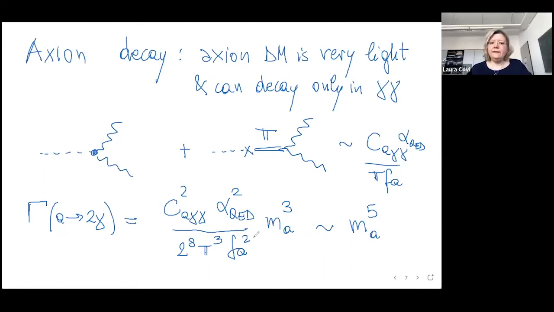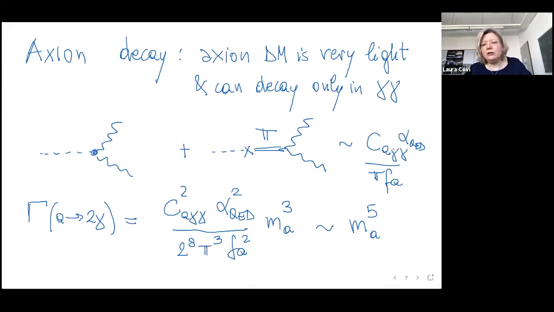Yeah, and indeed, also here, this C a gamma gamma, in some sense, as I said, the Fa, you define it initially as being connected with the coupling to the gluons. But at the end, it's also the order of magnitude of the coupling to the photons. Apart from this factor C a gamma gamma, and this factor, of course, can be different.